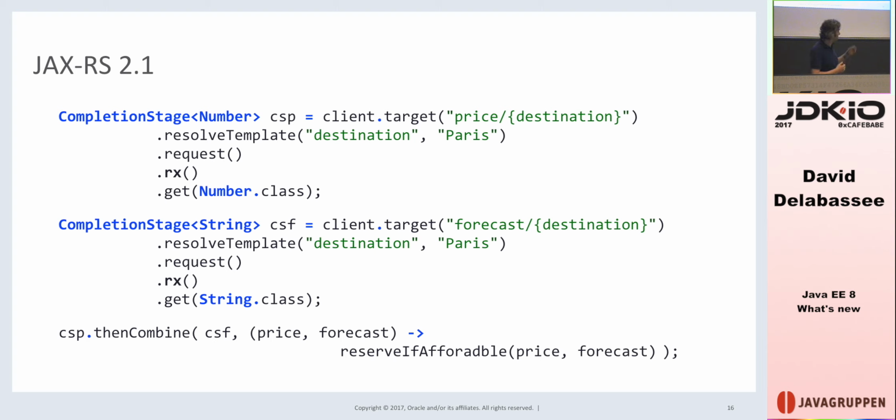And in this case, I'm using thenCombine. That basically means that they will be done in parallel, and at the end, the results will be combined and passed to that BiConsumer, which is reserveIfAffordable. So some kind of business method that will do something with those results. So that is part of JAX-RS 2.1. That new RX invoker really helps when you have to consume services that have dependencies between them.